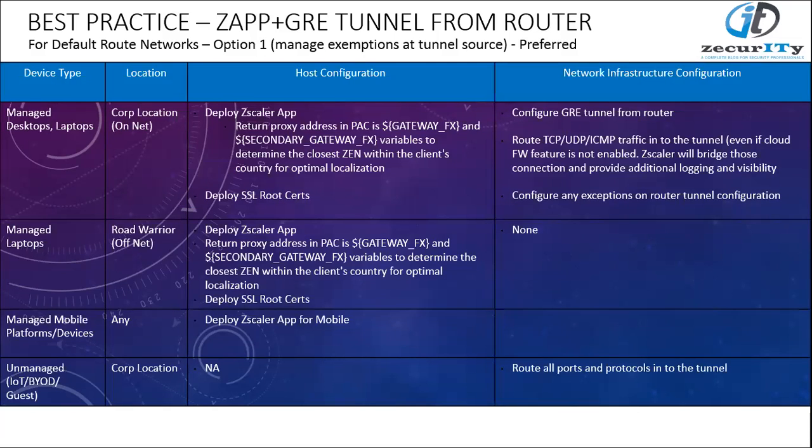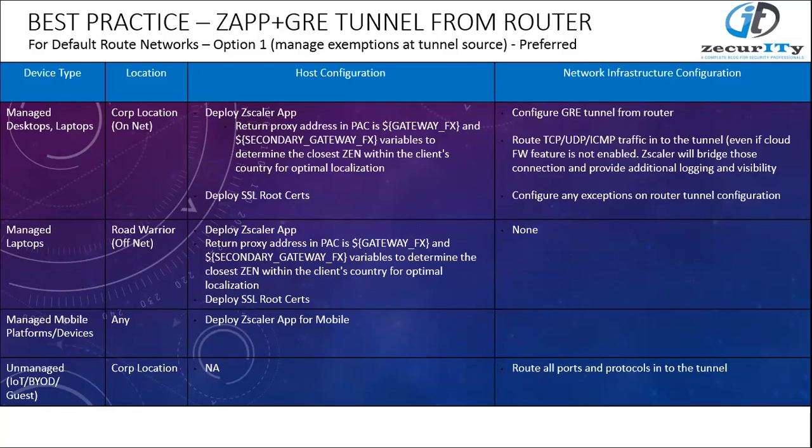So, a few best practices for when you are using Zscaler App and GRE tunnels from the router. It may be GRE or IPsec, and your corporate has the default routes, and you are ready to manage the exceptions on tunnels. The tunnel source means nothing but the router or the firewalls. These are the preferred best practices which you need to follow. If your device is a managed desktop or laptop inside the corporate, you can deploy the Zscaler app.